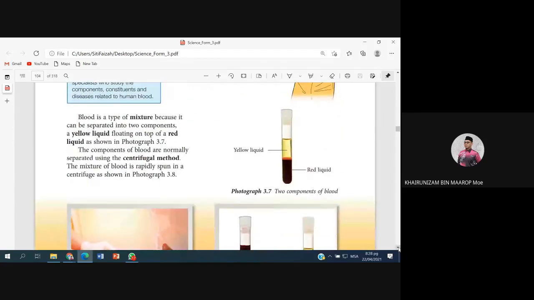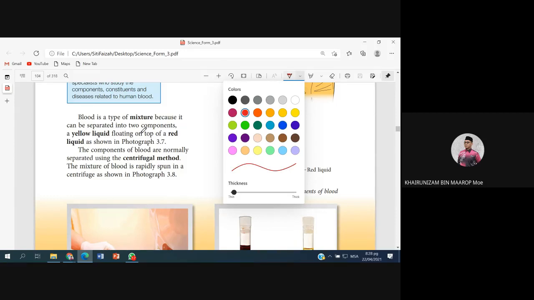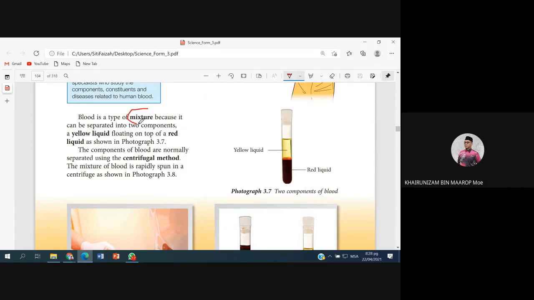Blood is a type of mixture. Why do we call blood a type of mixture? Because it can be separated into two components.